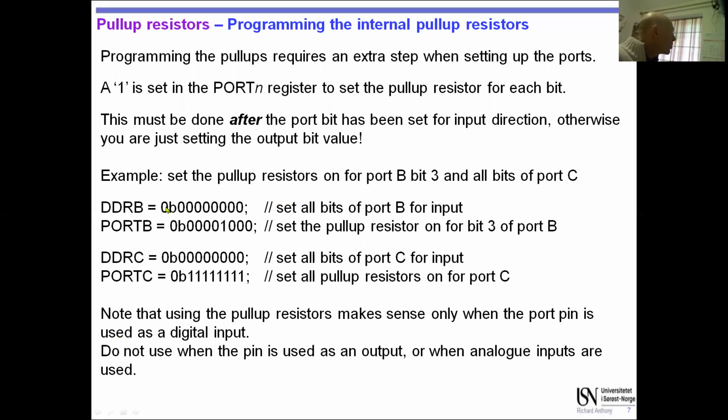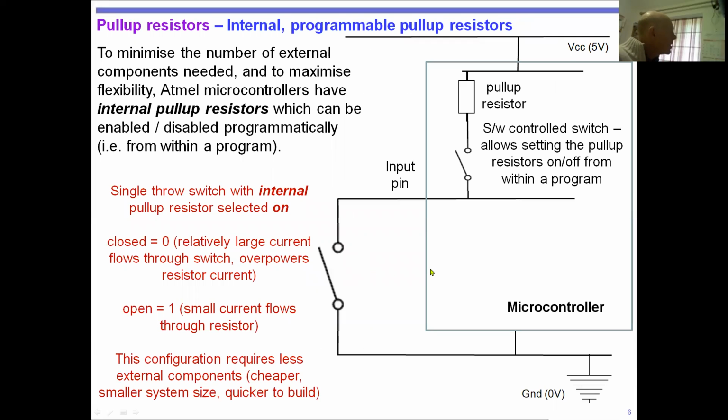Obviously, it only works when the port is set for input, right? Kind of obvious, I would hope. But when this is an output bit, you don't want the pull-up resistor on. In fact, that would be bad, because you're messing up the signal somewhat. And if you put the pull-up resistor on accidentally when you're doing something like analog input, your analog signal will be screwed up by the pull-up resistor.